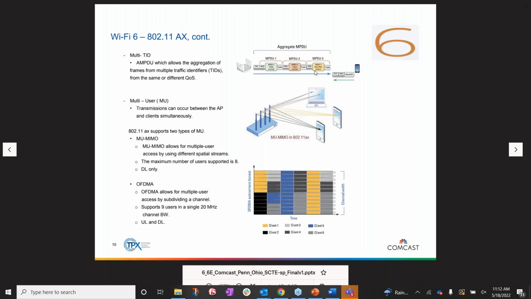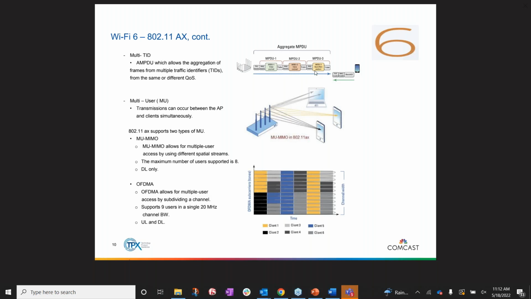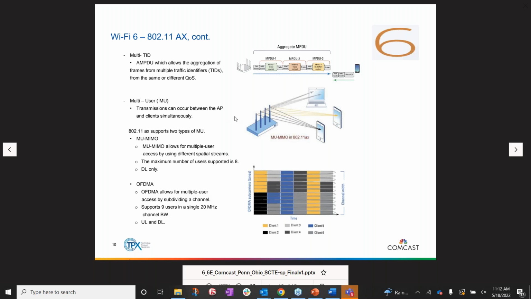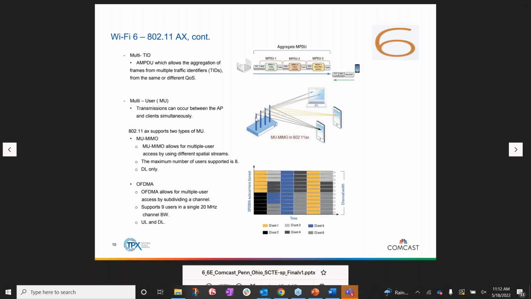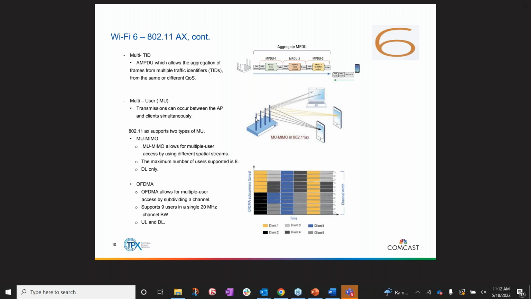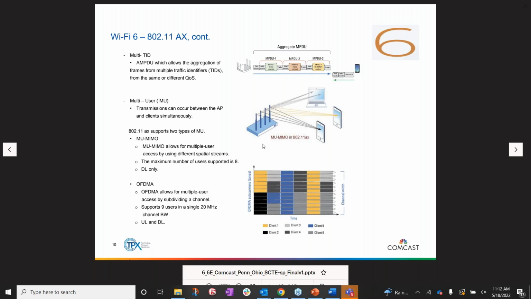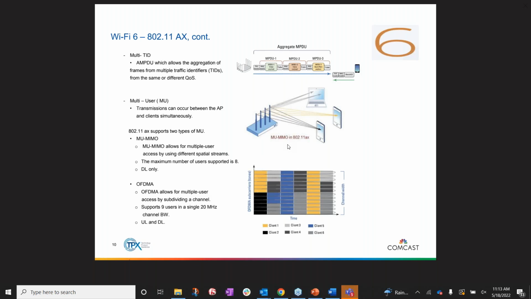This also improves the overall efficiency compared to 11ac. And multi-user: in 11ax, we have two different features called multi-user MIMO and multi-user OFDMA. Looking at the top view, both look like a similar kind of job. Multi-user MIMO is the AP talking to multiple clients at the same time.